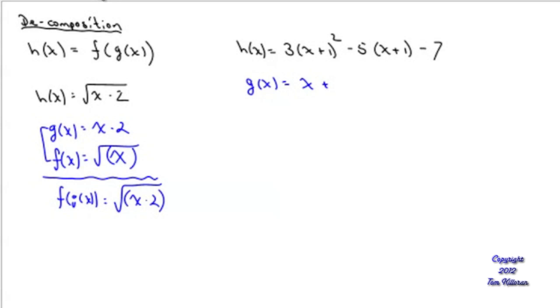And then you take what's left over and leave it for f of x, which is 3 times something squared minus 5 times something minus 7. What's the something in this case? X. So f of x is 3x squared minus 5x minus 7. So if you do f of g of x, you end up at h of x.